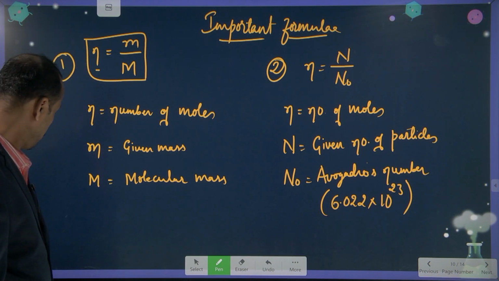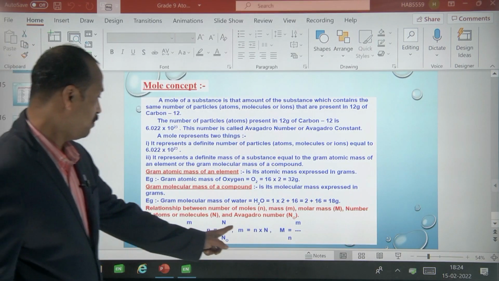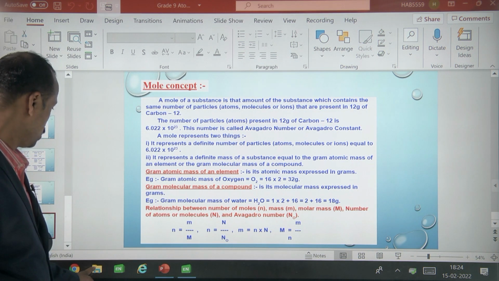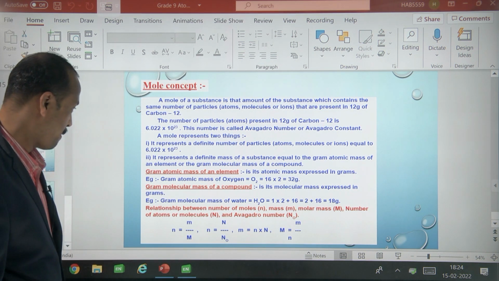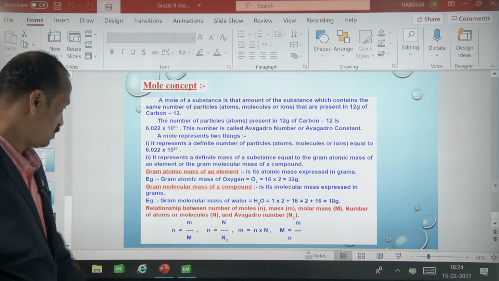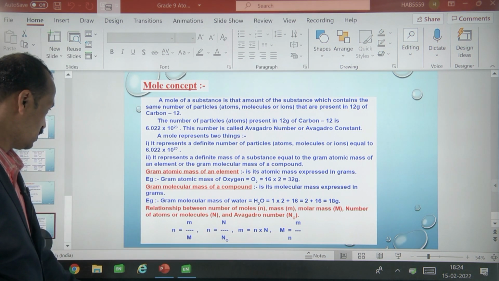Now, third formula, m is equal to small n into capital M. Okay. So n is equal to, that is not required, because same n is equal to this. If you bring m is equal to, okay, we write that also.